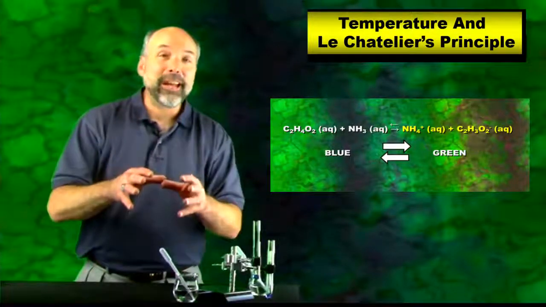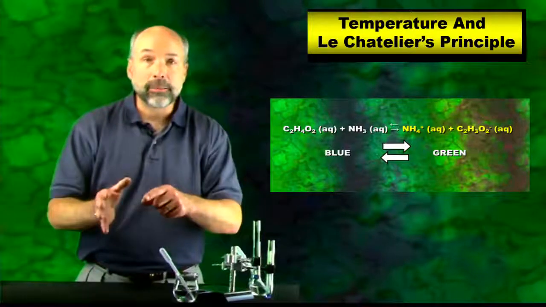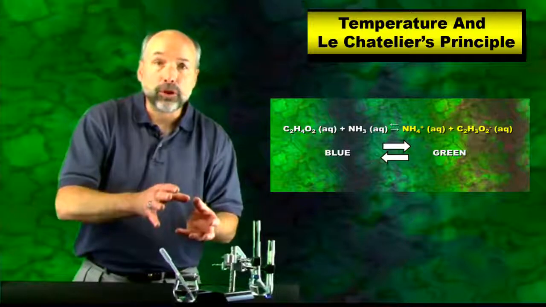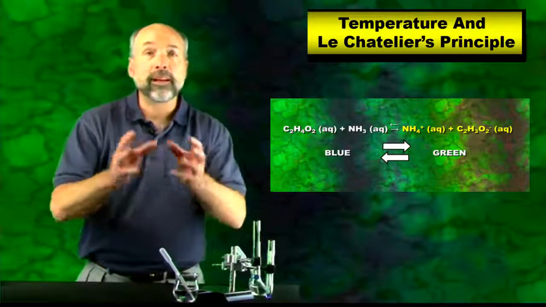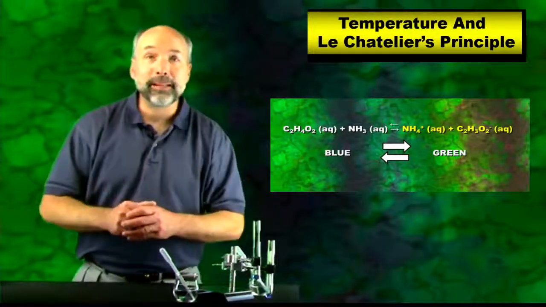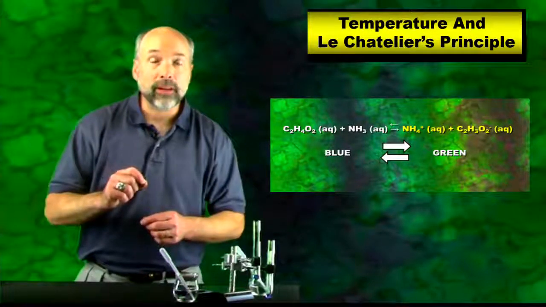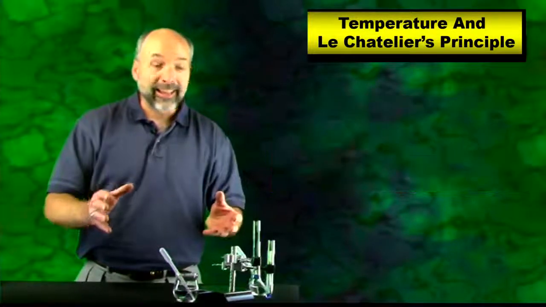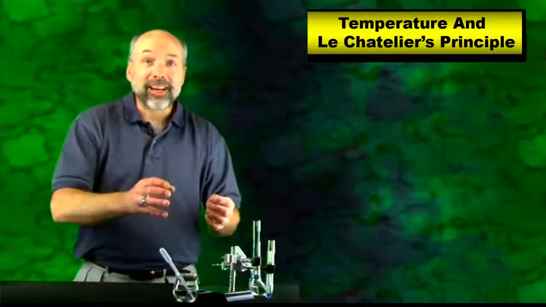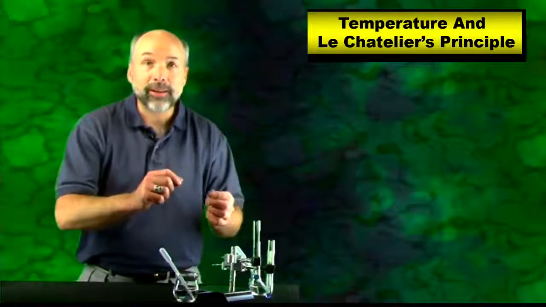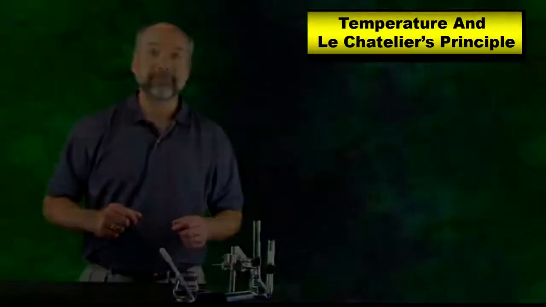And that indicator is going to change colors based upon whether we're heavy on the reactant side, which is going to be a blue color, versus heavy on the product side, which is going to be a green color. Write that down, really, really important. So with all that said, let's get started and we'll get a chance to see what chemical equilibrium is all about associated with Le Chatelier's principle.